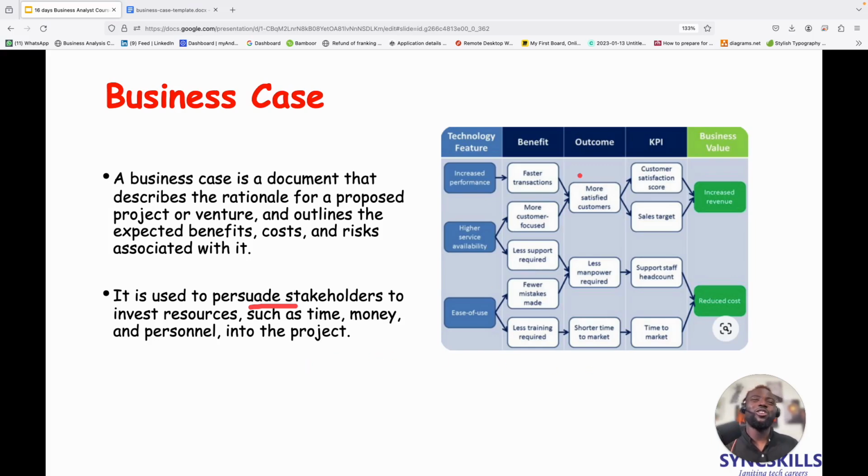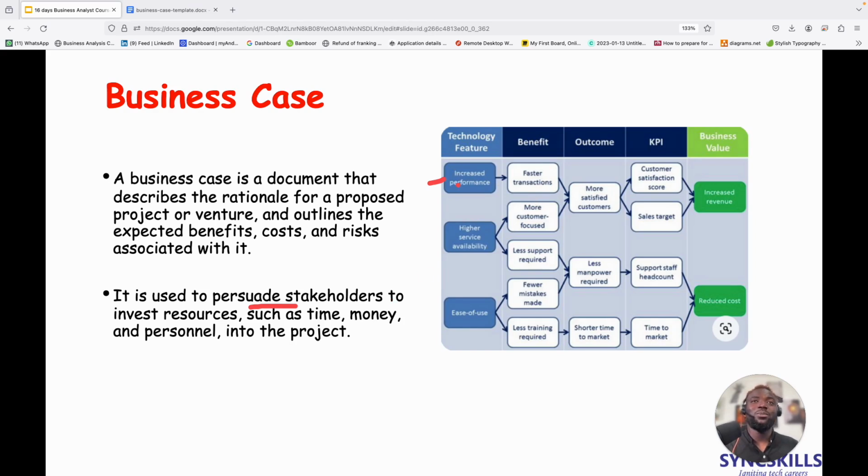Now, a strong case, what does that look like, you might ask? This diagram here gives you an idea. For example, if you're trying to implement a technology feature that would increase performance, you need to also describe what that increased performance would look like in terms of the benefit.